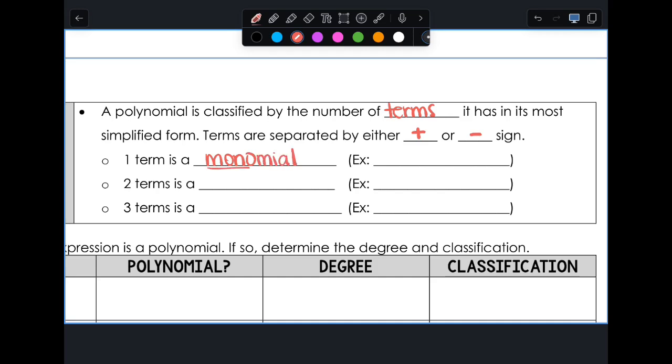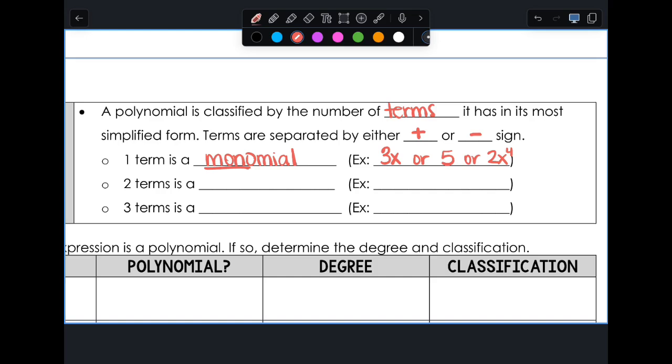Yeah, it means one. The prefix monomial. Okay? So, examples of monomials would be like having just a 3x written down. Or you could have just a 5 written down. Or you could have 2x to the power of 4. But as long as it's just one term. All right?